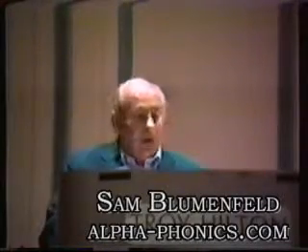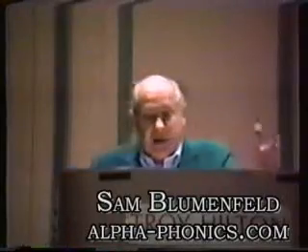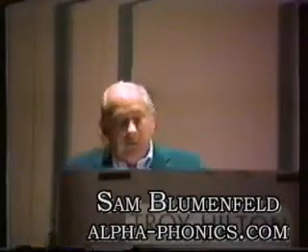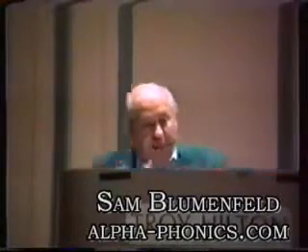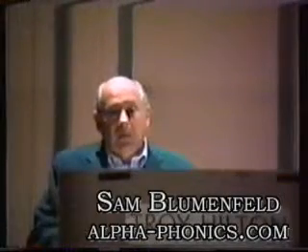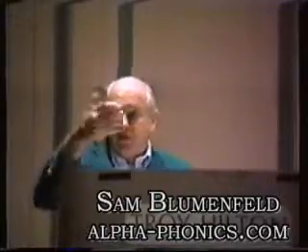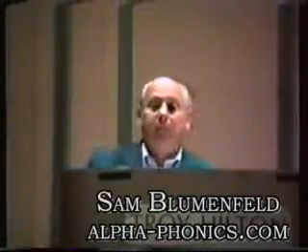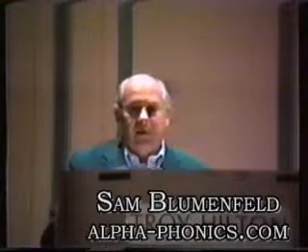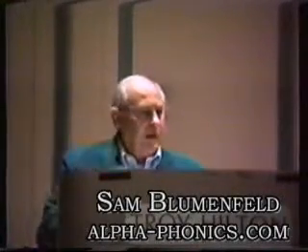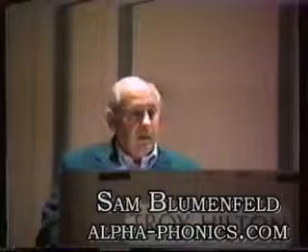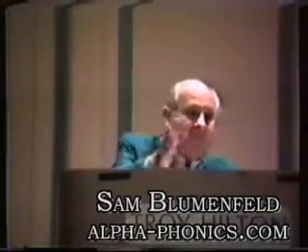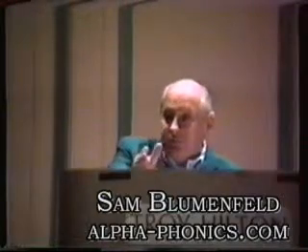So a sight reader does not look at a picture from left to right, just as when you go to a museum, you don't stand at the left side of the frame and then work your way to the right. There's something in the picture that attracts your attention, and then you look at it and look around it and you see the picture. A phonetic reader, on the other hand, must read from left to right because the letters are in the same sequence in which the sounds are uttered.